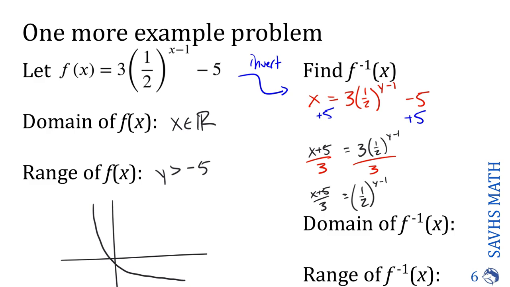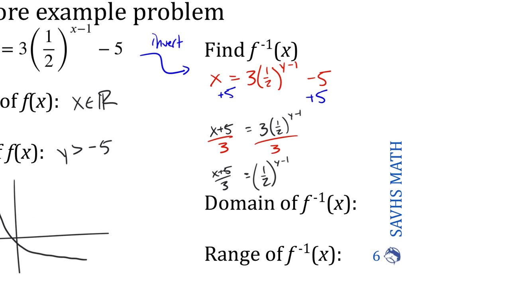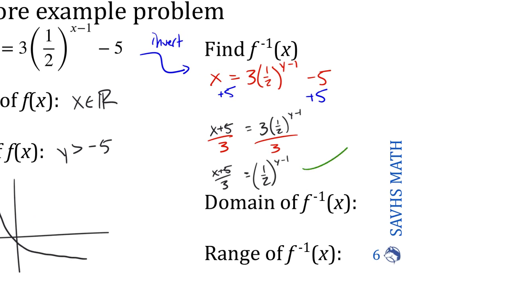And now I have exponential form where I can rewrite it as a log. So I'm going to show that. Log base 1/2 of (x plus 5) over 3 equals y minus 1. And then we add 1 to both sides. Again, that goes on the outside.